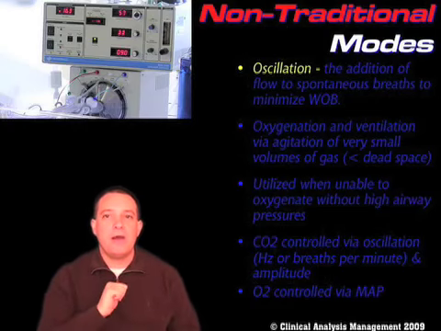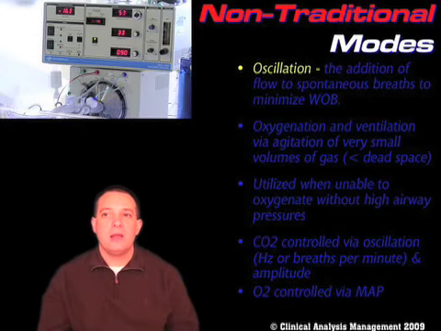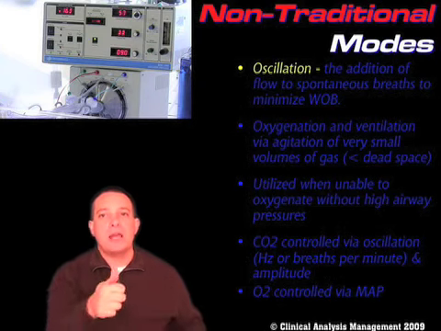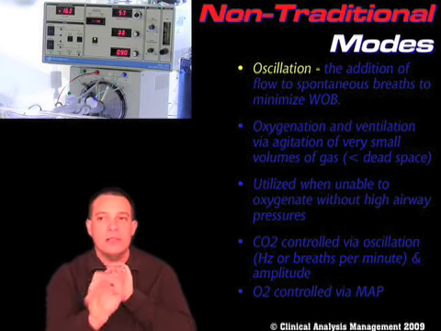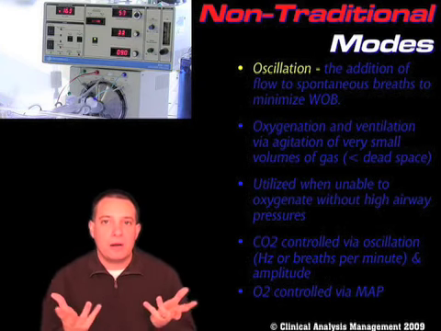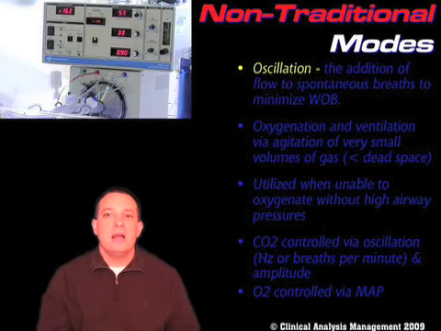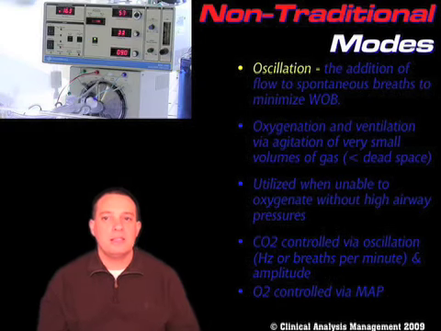Now, when we talk about that volume that we're moving back and forth, we actually call that the amplitude. The amplitude is how much air is moving back and forth with each one of those little tiny tidal volumes or breaths, for lack of a better thing to call them. And then the other thing that we use is the number of hertz, the number of breaths that are being given in a second.